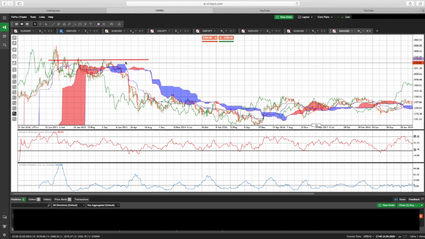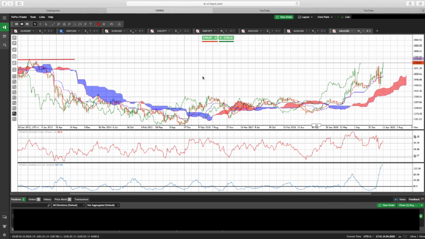And that level is 1778, so let's say 1780. Now if we scroll back to the right and have a look at where we are at the moment on the weekly for the gold dollar, we are at 1720, and looking at the horizontal line which we drew by looking left on the weekly, we can see that it's 1770, 1780 we're looking to test.